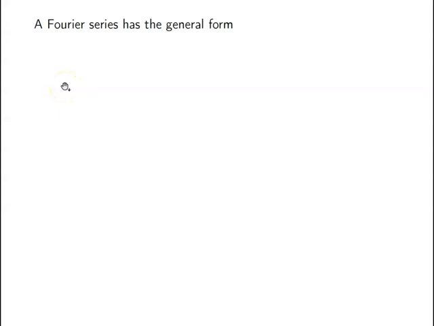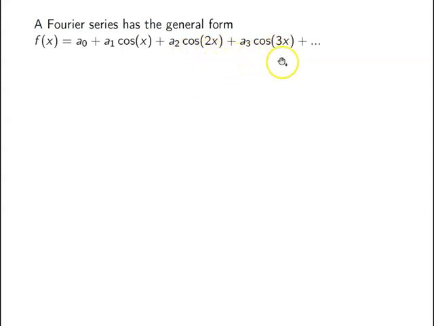A Fourier series has the general form of f of x equals a naught plus a1 times cosine x plus a2 cosine 2x plus a3 cosine 3x, etc., plus b1 sine of x plus b2 sine of 2x plus b3 sine of 3x, etc. So we're adding cosines and sines together.